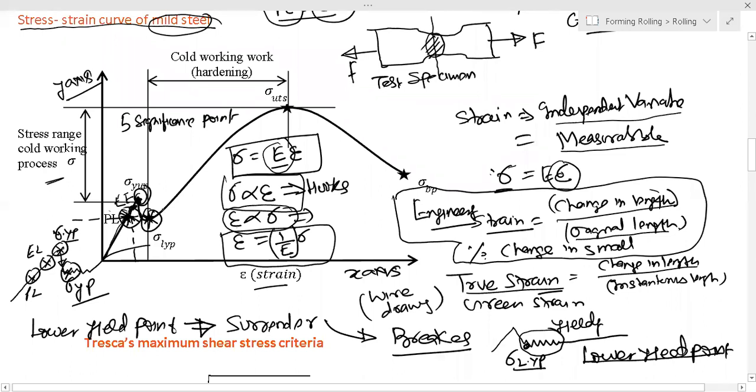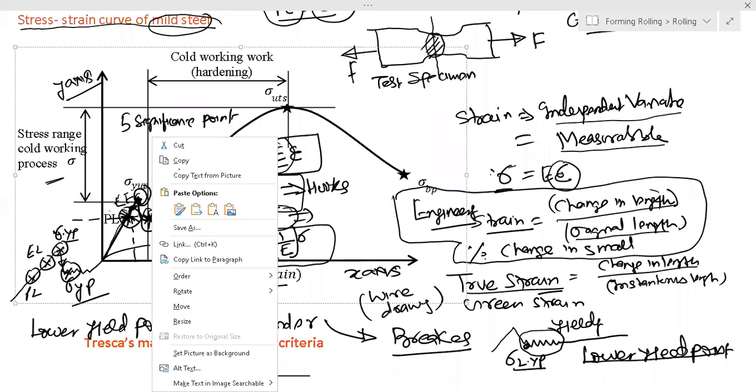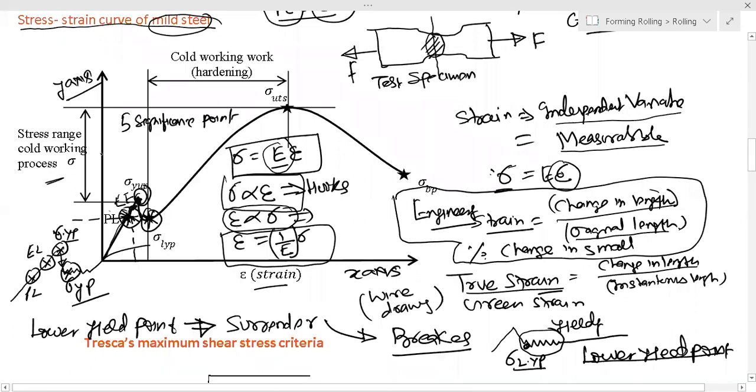Now it has reached the plastic zone. Up to the elastic limit, you had elastic strain, and then you have started plastic strain.